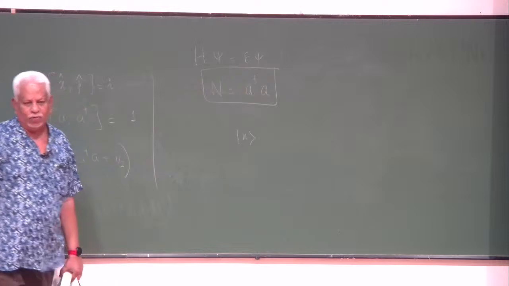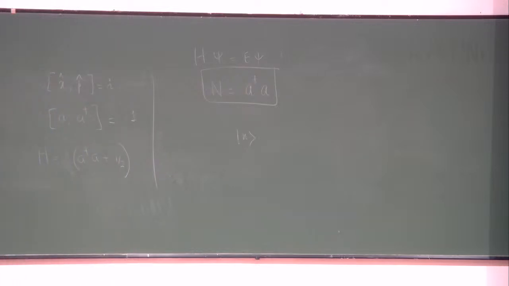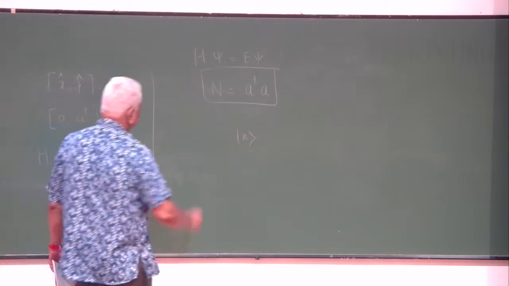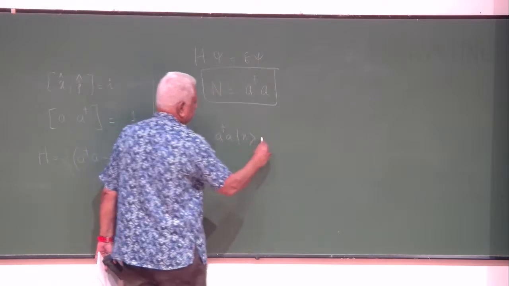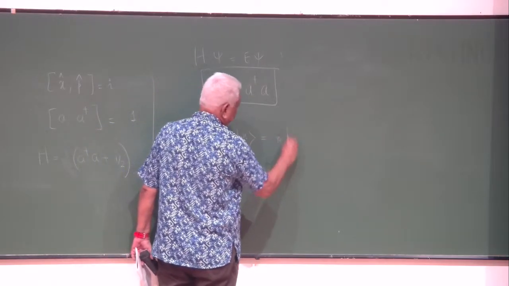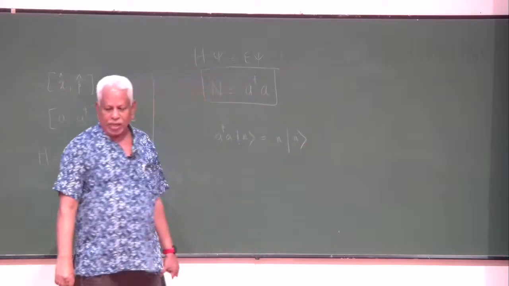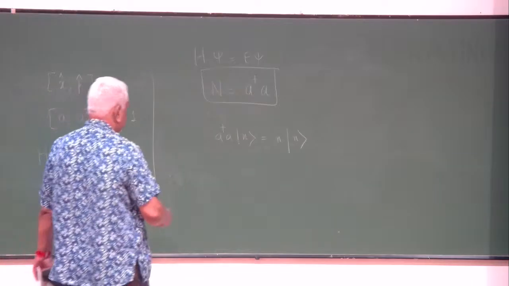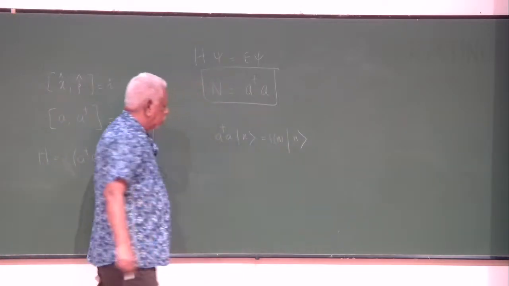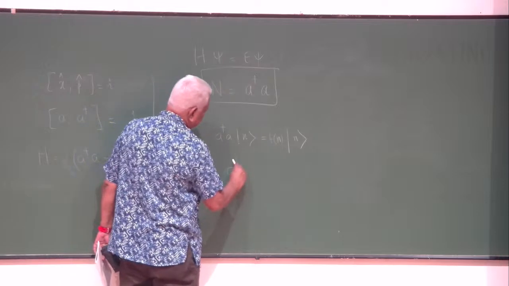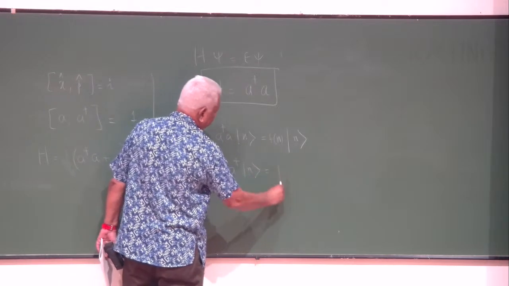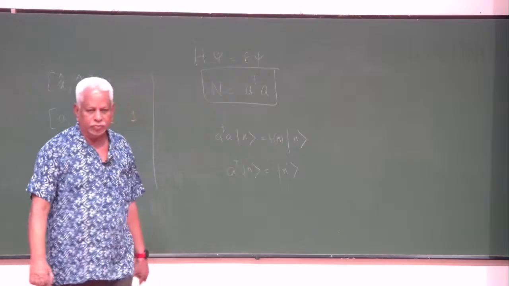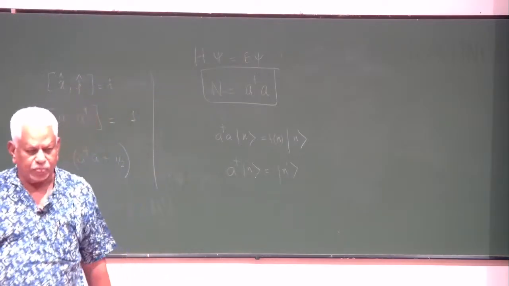The interesting thing you will find is, if this n is an eigenstate of A dagger A with eigenvalue n itself, then A dagger acting on n will be a new state n prime.